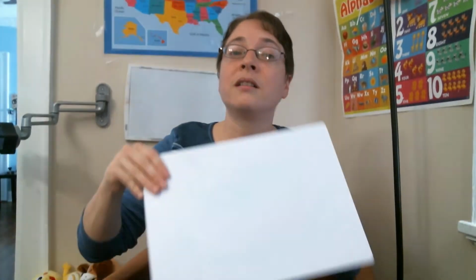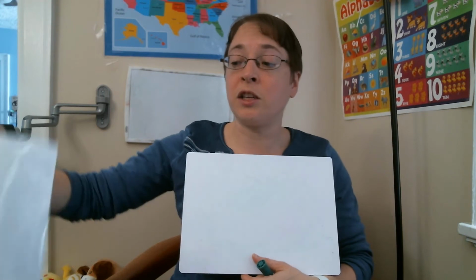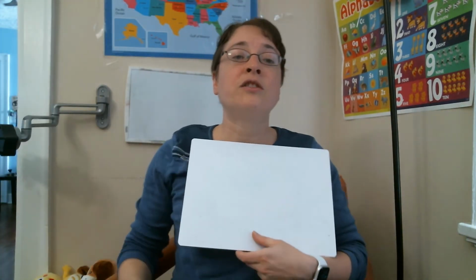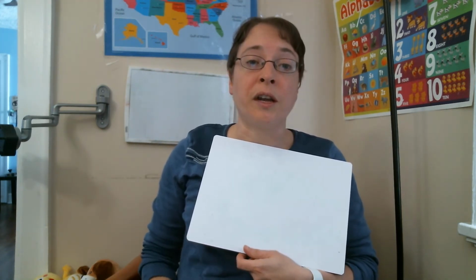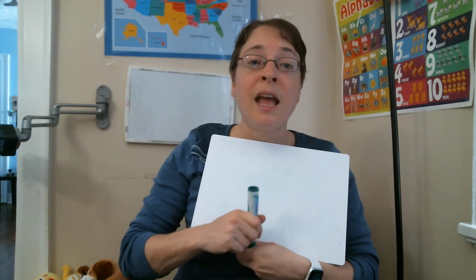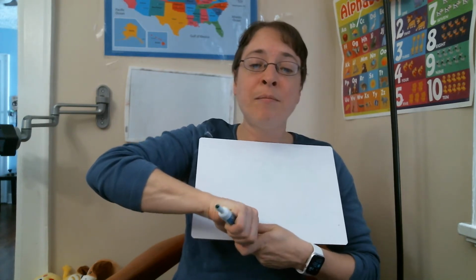Okay. So you can use a piece of paper. I'm going to use a whiteboard today. So I want you to listen to my story. Jenny had 9 bouncy balls. So I'm going to draw 9 balls.